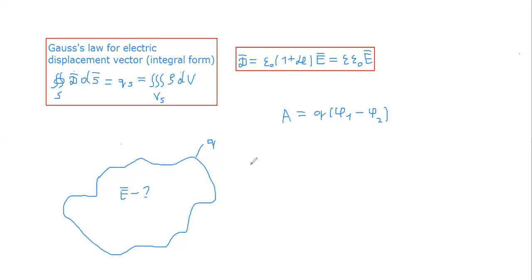So the trajectory of charge, if charge moves, will be a closed line. Trajectory of Q will be a closed line. And if we have a closed line, the beginning of this line is the end of this line.